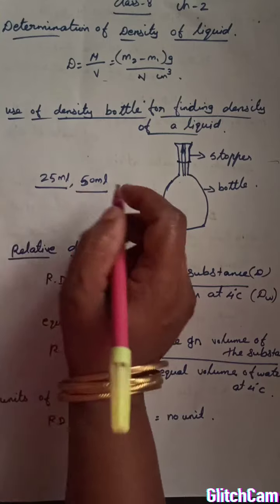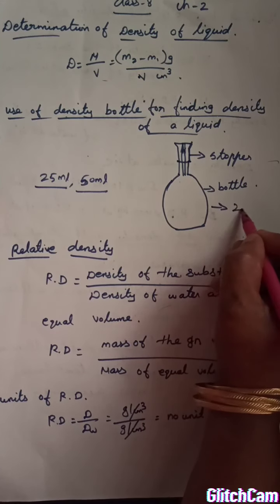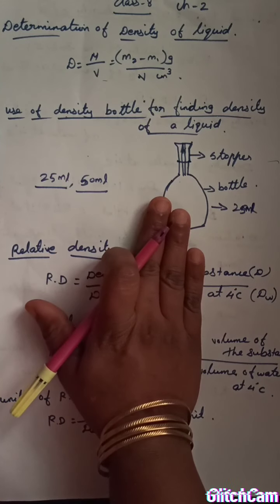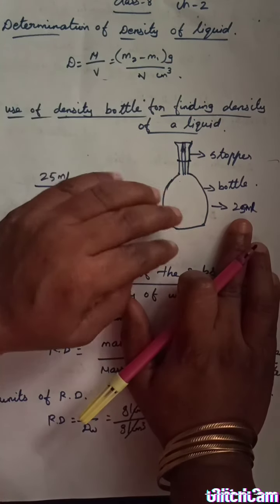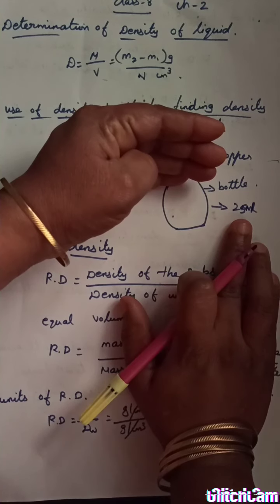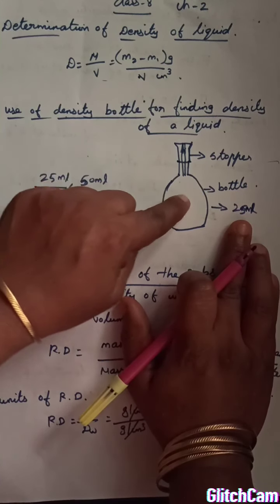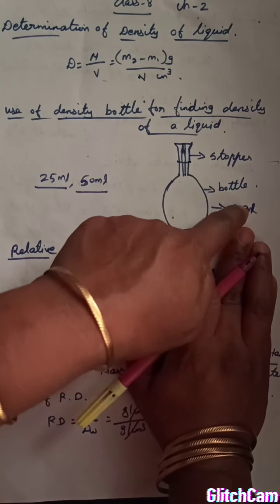For example, consider this bottle has a capacity of 25 ml. After filling the liquid, insert the stopper. Now the volume of the liquid inside is equal to the capacity of the bottle.